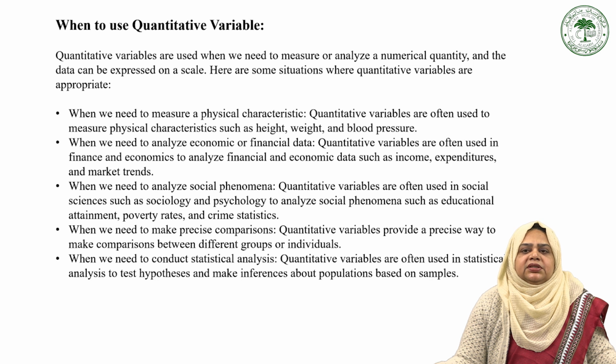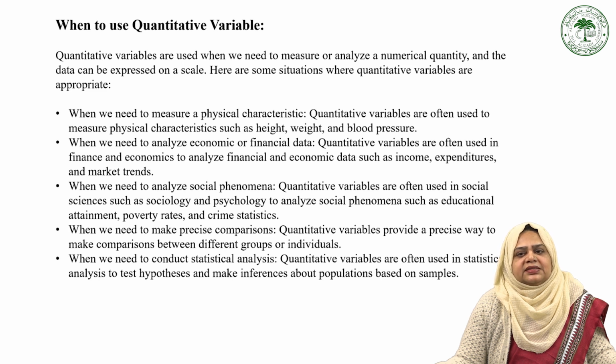Educational attainment serves as an example of a quantitative variable that can be used to measure the level of education an individual has achieved. This variable can be categorized into different levels such as less than high school, and college degree. By quantifying educational attainment in this manner, researchers can examine the relationship between education and various social outcomes.